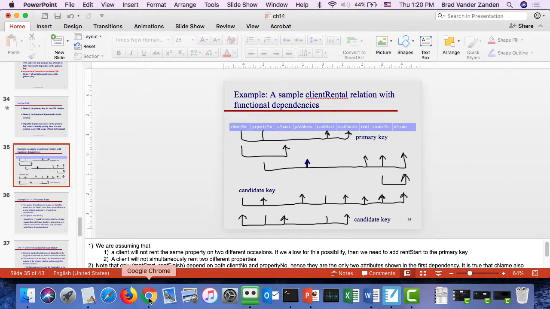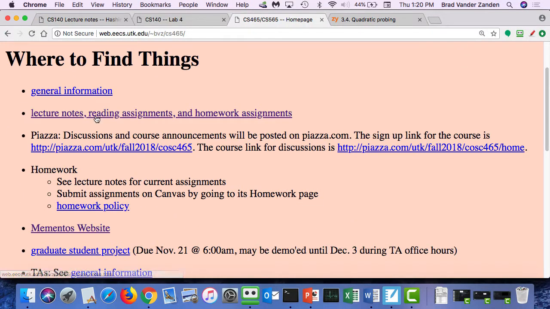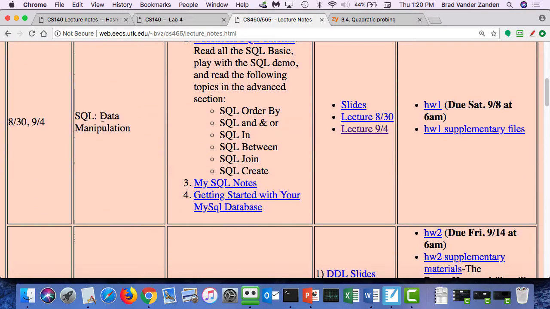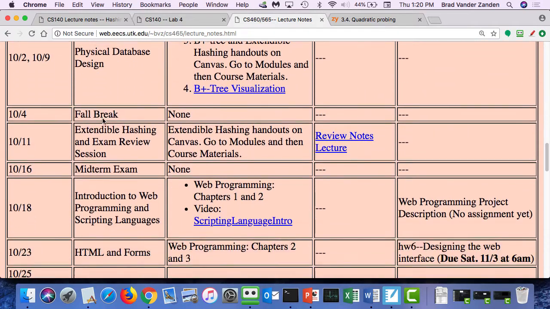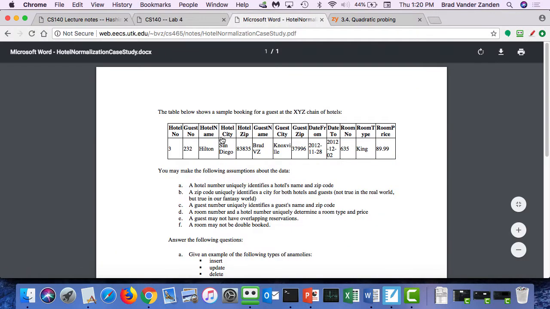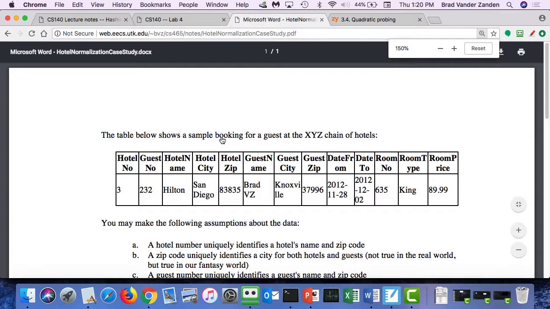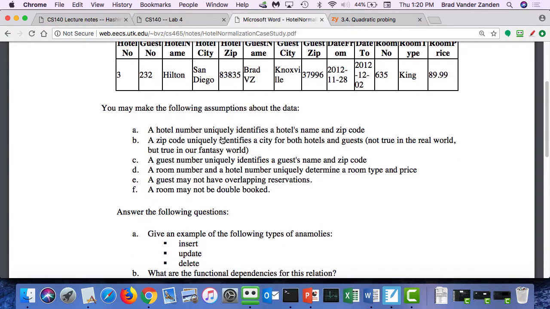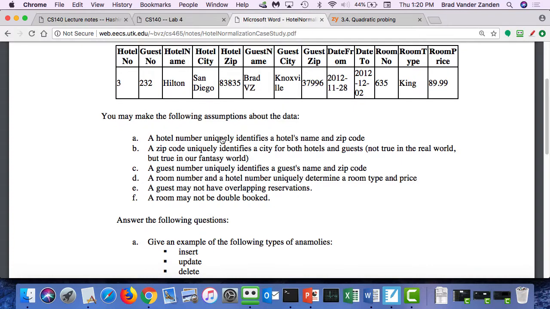You can either look at this on the screen or you can squint at it. If you go to the lecture notes for today, there's something called the hotel case study. You can either try to squint at the display, I'll make it as big as possible, or you can go on your computer. Just take a couple minutes to read this and try to answer the first question, which is give an example of the following types of anomalies.